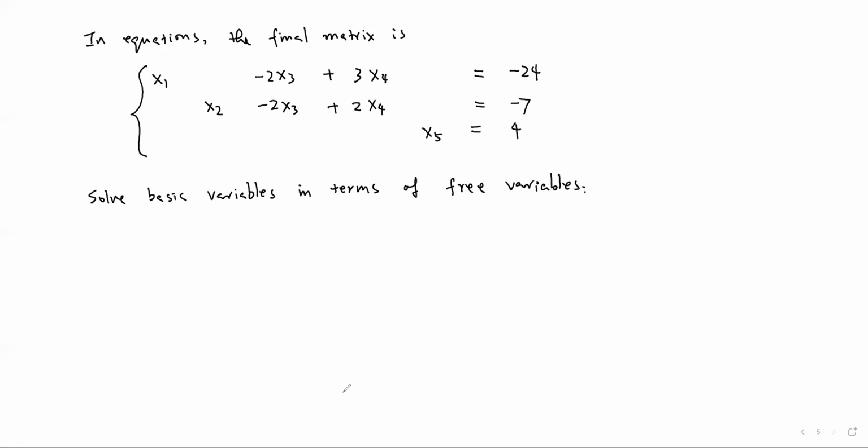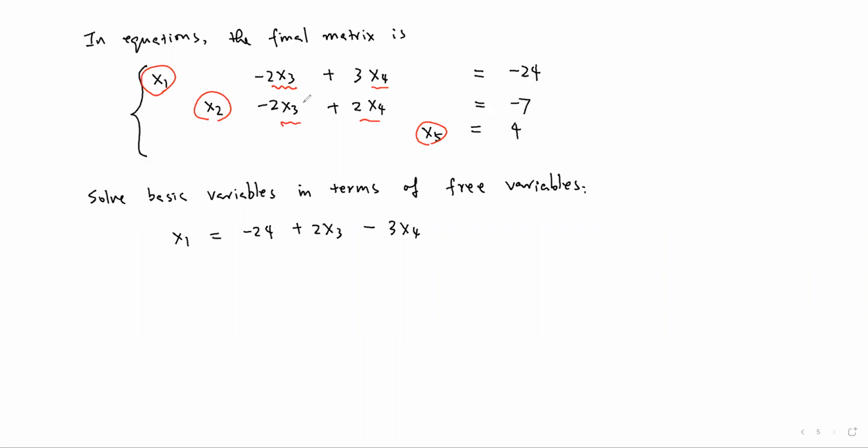Basic variable, yeah. Basic. Free variable, x3. Now let me solve the linear system for basic variables in terms of the free variables. The first equation, let me move free variables to the right side. Then x1 is negative 24 plus 2x3 minus 3x4.